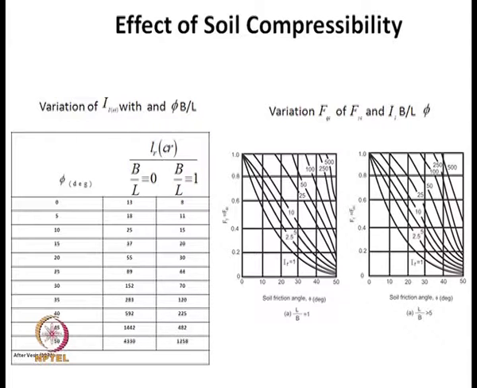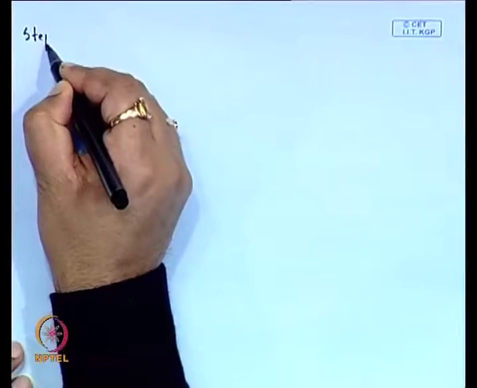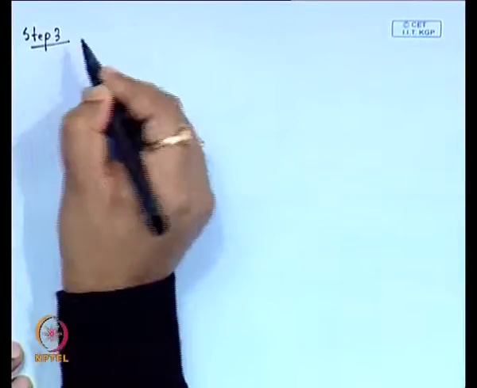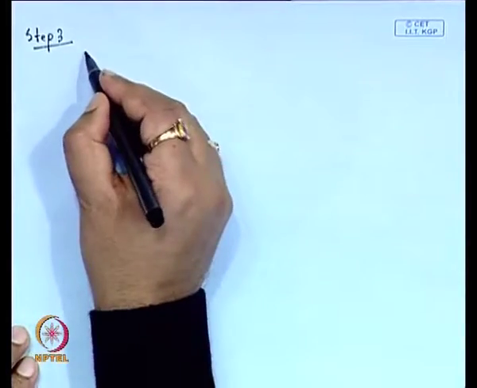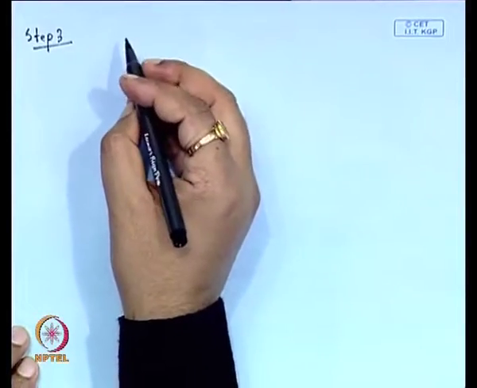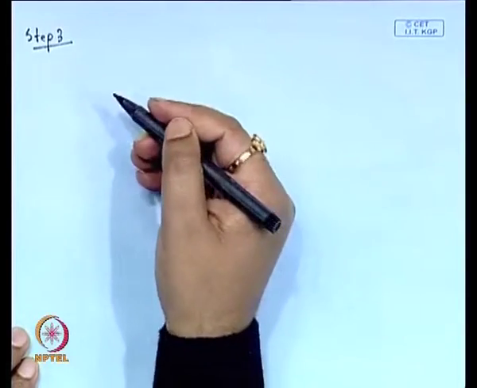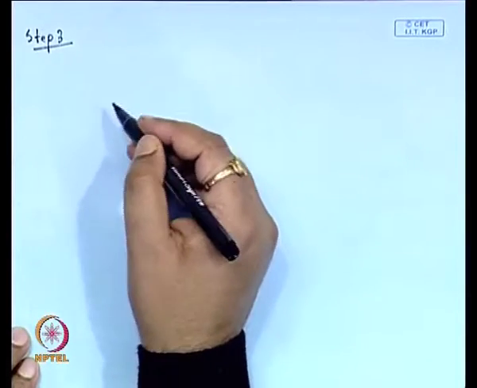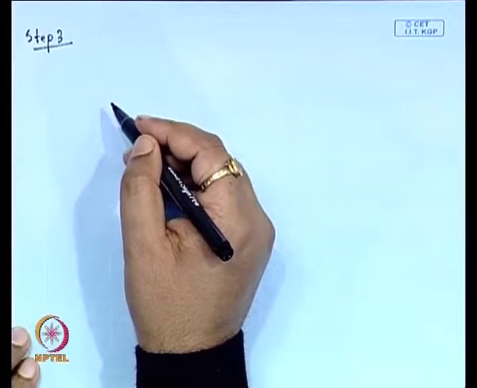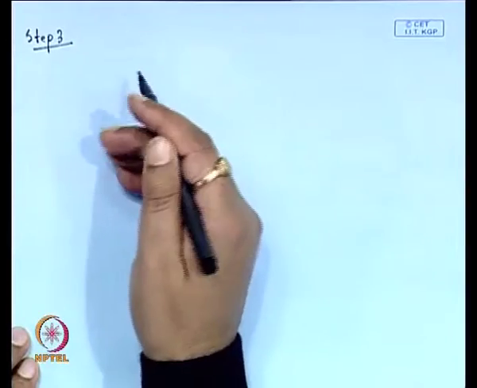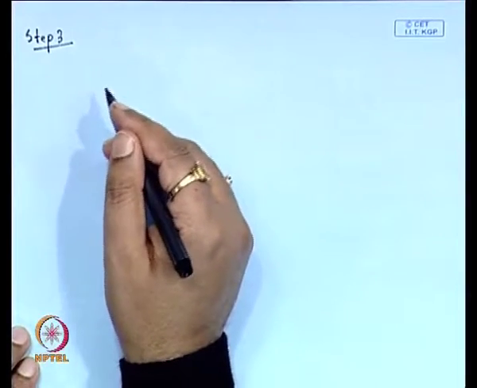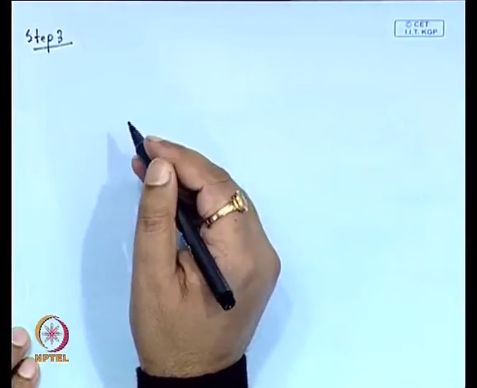Now, in the next step, step 3. In the first step we calculate the rigidity index IR, and in the second step, by using this table or the expression, we determine the critical rigidity index.